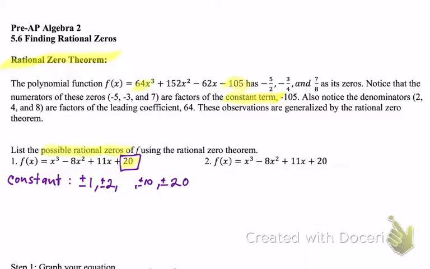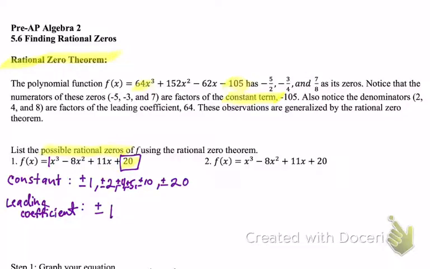And the last one is 4 and 5, so plus or minus 4, plus or minus 5. Then I list out all of the factors of my leading coefficient. And so my leading coefficient is 1, so all you have is plus or minus 1.